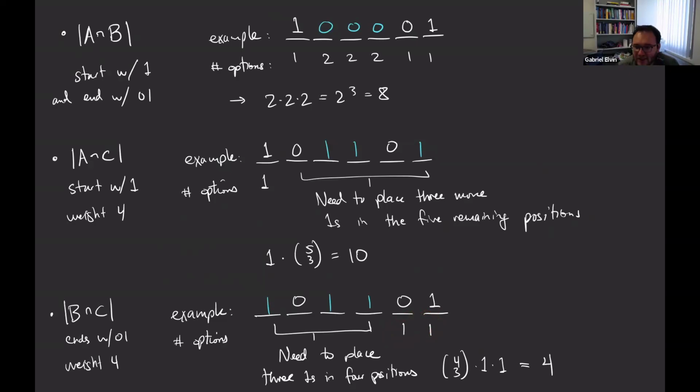Okay. One more set that we have to compute the cardinality of, and that's the triple intersection. So A intersect B intersect C. And remember, so that has to start with a 1, end with 0, 1, and have weight 4.